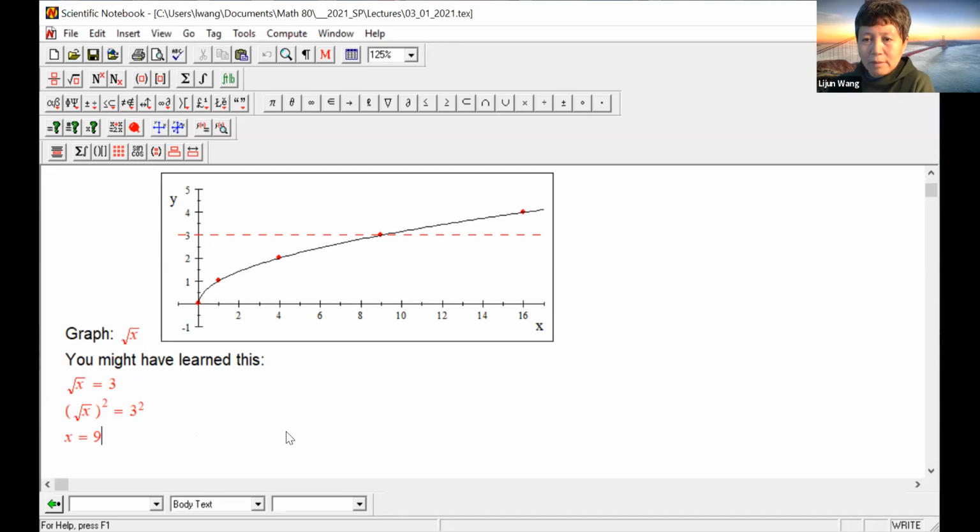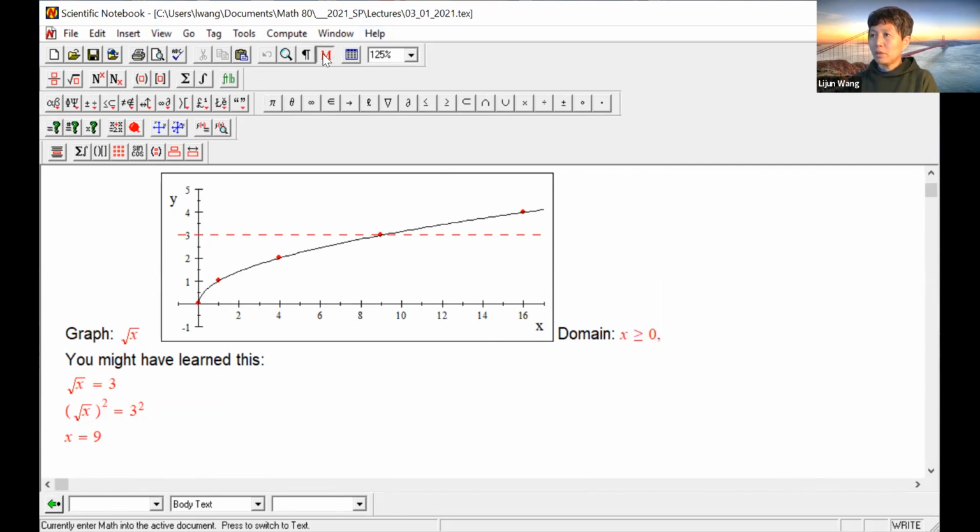Doing this is usually okay, but it could lead you to ridiculous answers if you're not being careful, if you're not being aware of the domain and range, okay? So you can see when you have a square root of x, you have a 3. 3 is in the range of root x, right? Because we know the domain. What is the domain for this function? X is greater than or equal to 0.